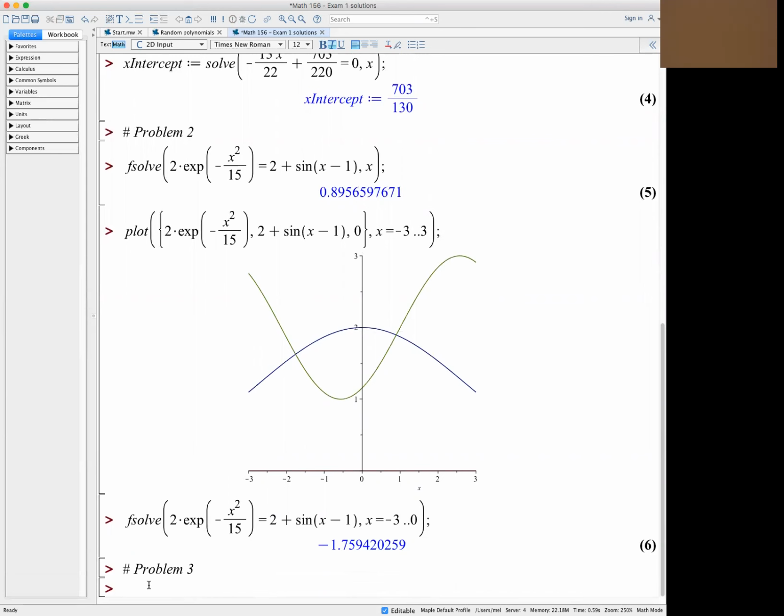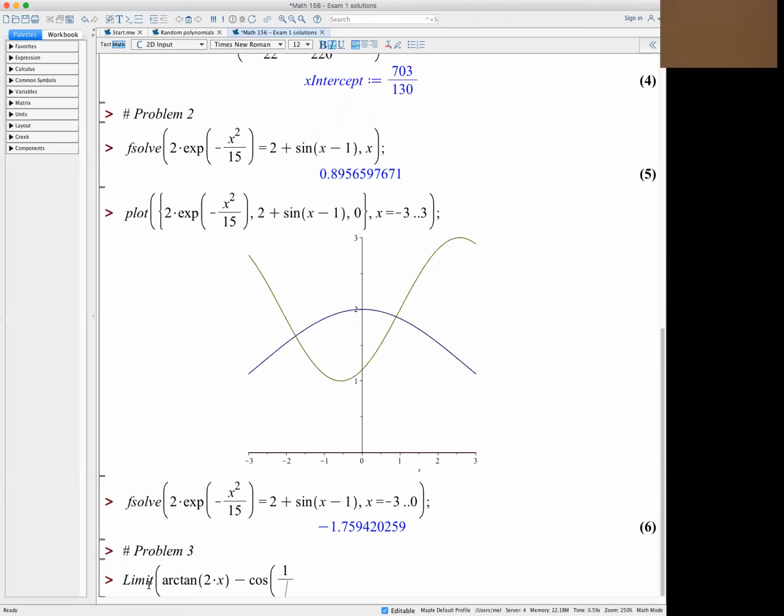Problem 3 is to compute a certain limit. Let's just write out the problem. The limit of what? The arctangent of 2 times x minus the cosine of 1 over x.